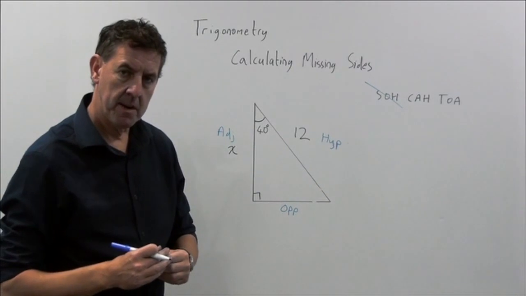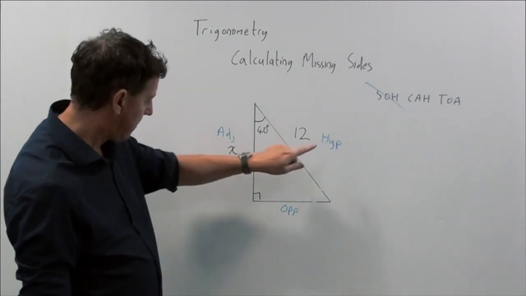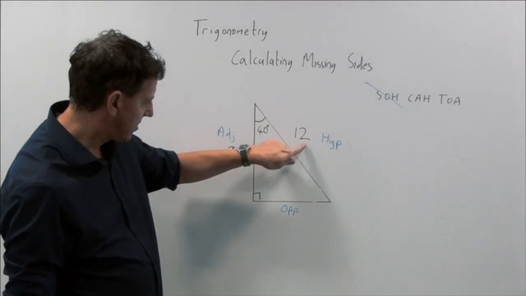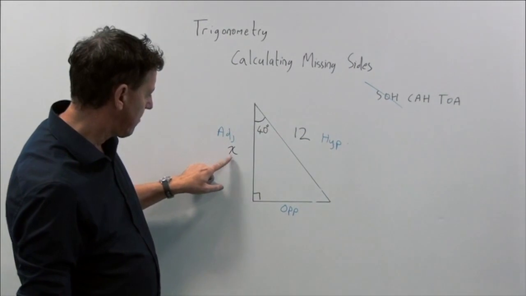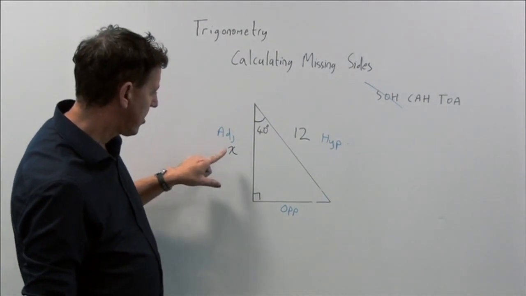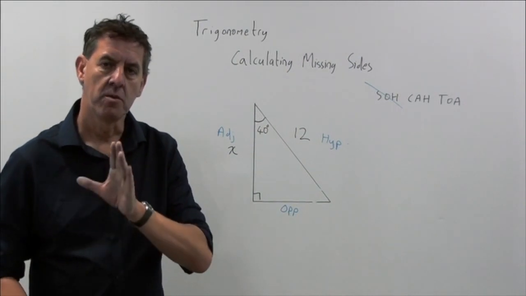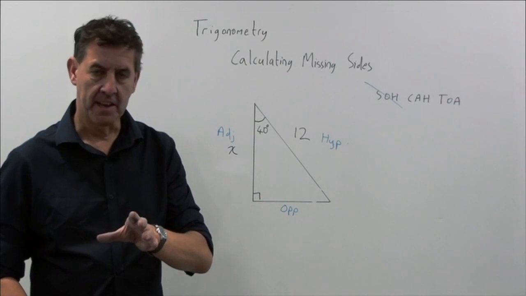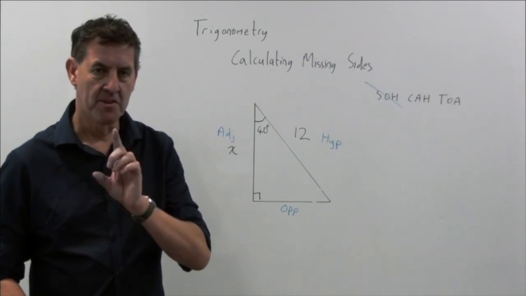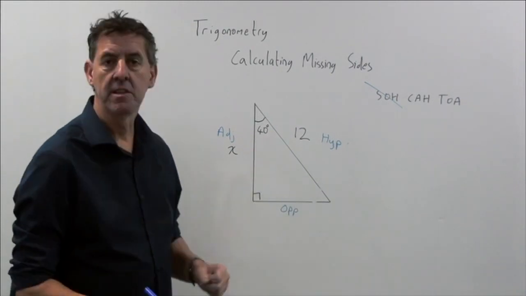What's the next bit of information? We've got to use the side that we've got. The side that we've got is the hypotenuse side. It is 12 centimetres. I'm trying to find the adjacent side, which is x. So my ratio is the adjacent and the hypotenuse, so it's the cosine ratio. And what's wonderful is that scientific calculator of yours knows exactly what the cosine is of 40 degrees.